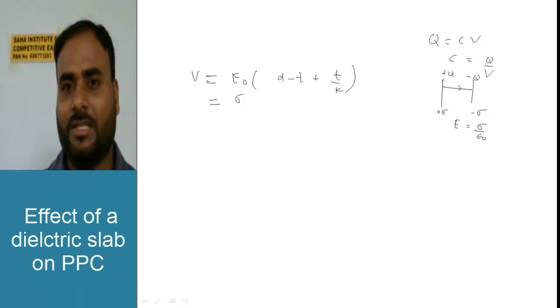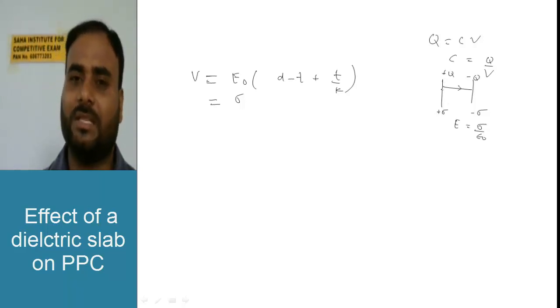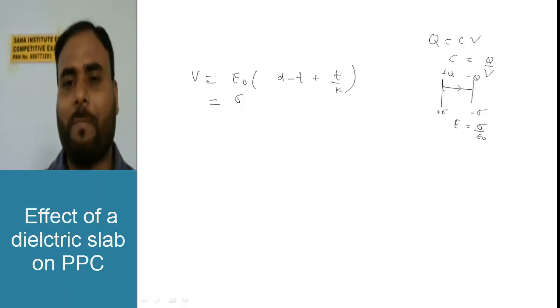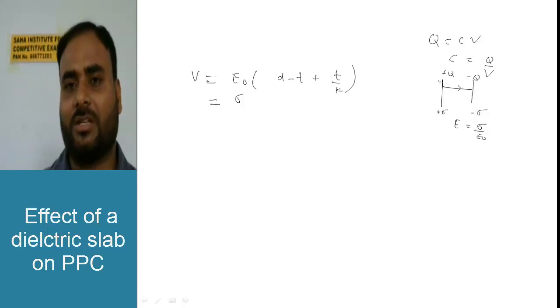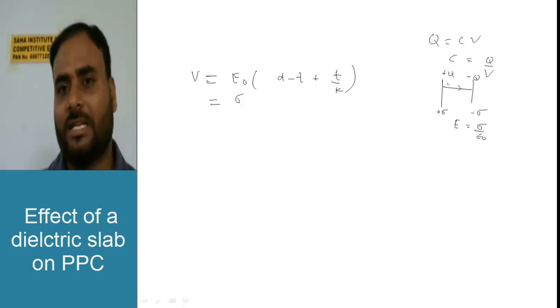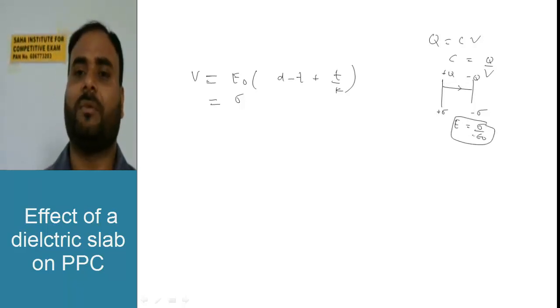If you remember the derivation, because of this infinitely long plate, the electric field was sigma over 2 epsilon naught, and because of the other also sigma over 2 epsilon naught. And since the electric fields due to each of the plates are in the same direction, they will get added and the result will be sigma by epsilon naught.